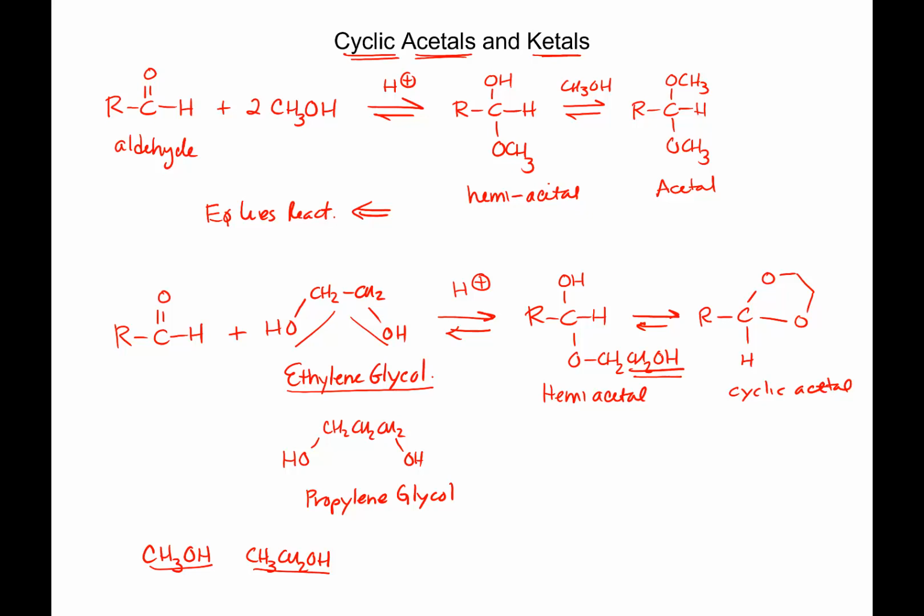I'll show you, and then we'll do the mechanism in a moment, to form the acetal with both of the alcohols. It's just that both the alcohols in this case are attached to the same set of carbons. Because we're forming a cyclic acetal, or if we formed a cyclic ketal, the equilibrium in this case lies towards the products.